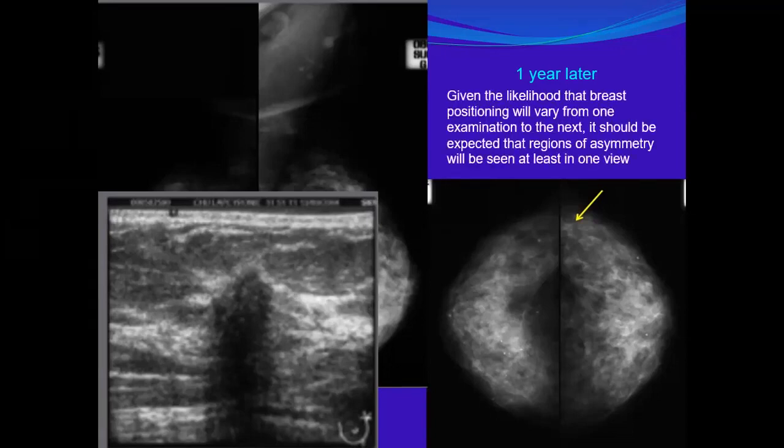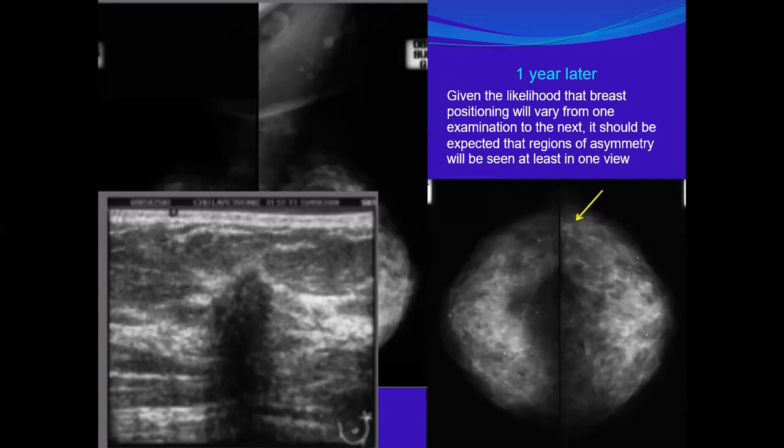Given the likelihood that positioning will vary from one examination to the next, it should be expected that the region of asymmetry will be seen at least in one view. This is a lesson from this example. If you have seen it and you did not see it again, don't say it is not there since you could not see it.